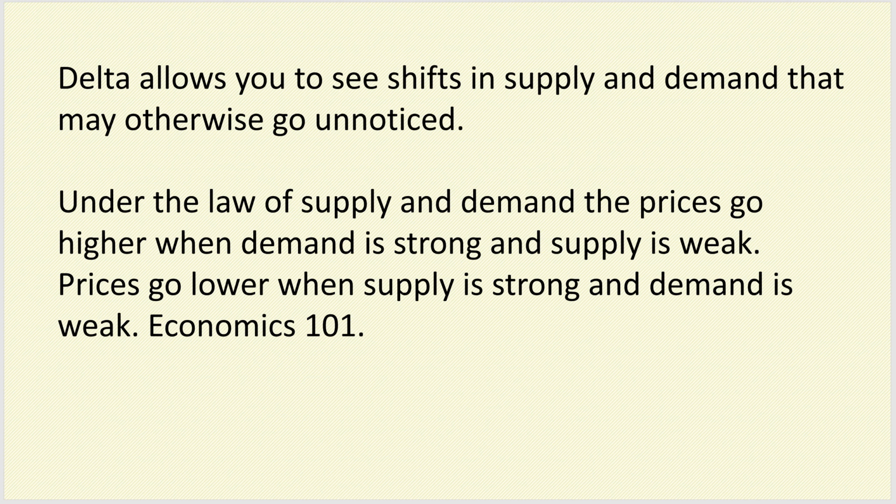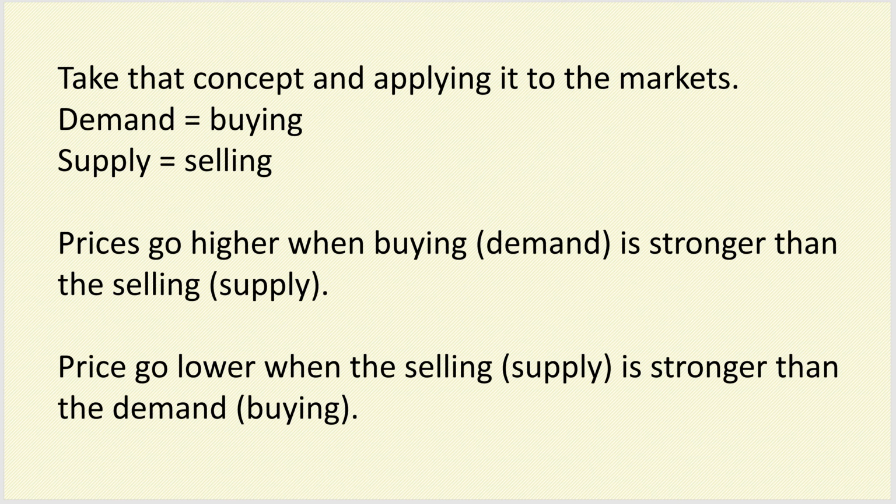And it's the same thing with supply and demand. Prices go up when demand is strong and supply is weak. Prices go lower when supply is strong and demand is weak. Now, take that concept and apply it to the markets. What is demand? Demand is buying. People are buying something, they're demanding it. They're standing there saying, take my money, I want this item. Supply is basically selling.